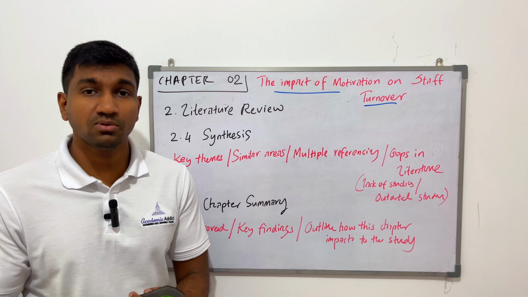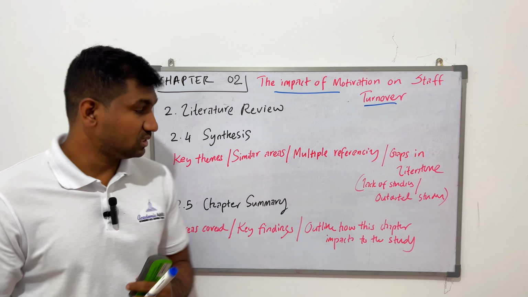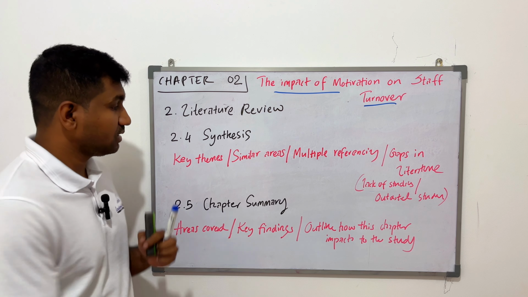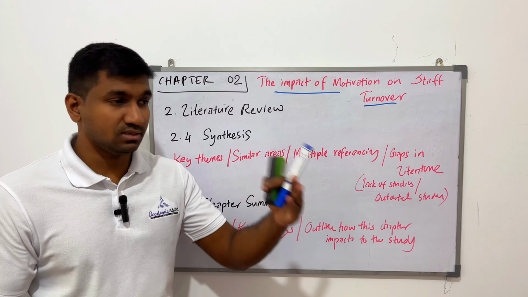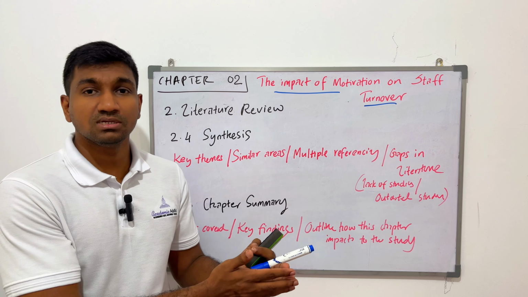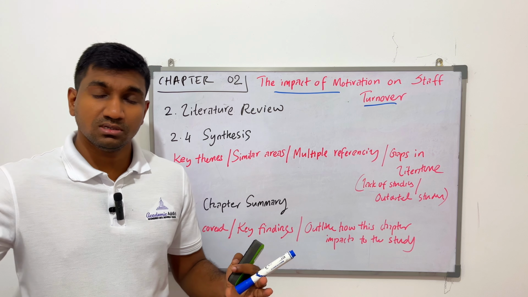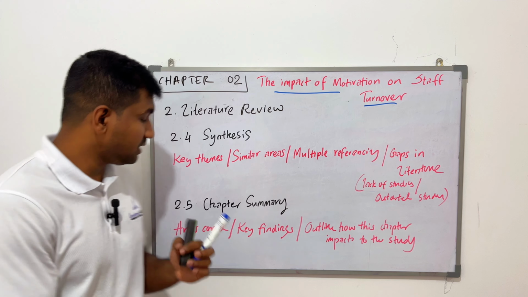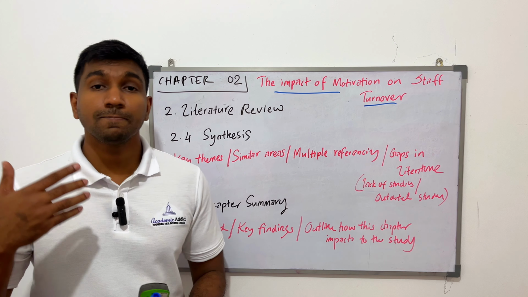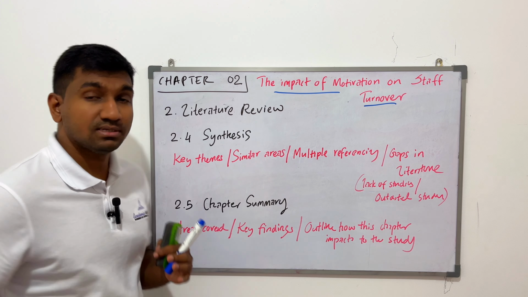What are the things that you have found out after discussing those theories? So what are the key themes? And also what are the similar areas? So you can say, okay, in this factor, third stage is quite similar to Maslow's hierarchy's first stage. So likewise, you are analyzing things. You are not just summarizing things, rather you are analyzing things and highlighting those key themes, similarities, and everything.